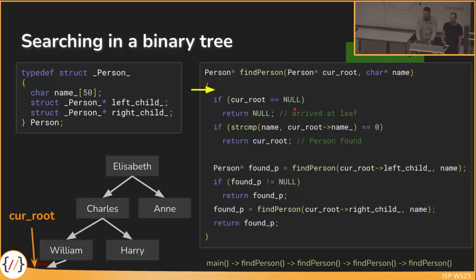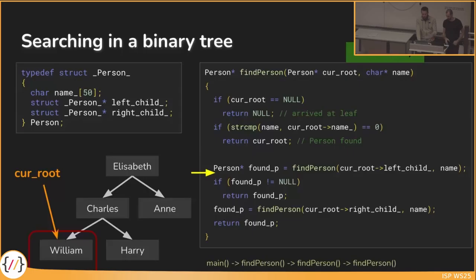Now we check whether the current root is null. Yes, it is. So we arrived at a leaf node, obviously, where there's no further child on the left side. So we return null, because we haven't found Harry. Returning null gets us back to our previous call of find person, where William was the current root.